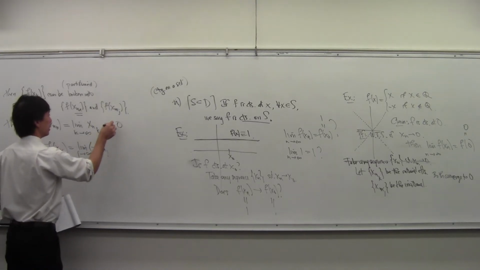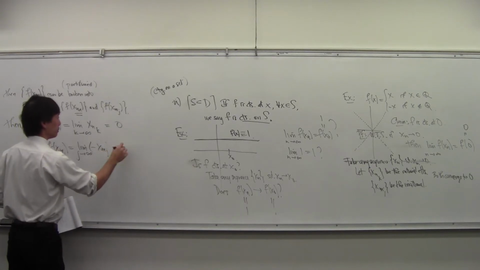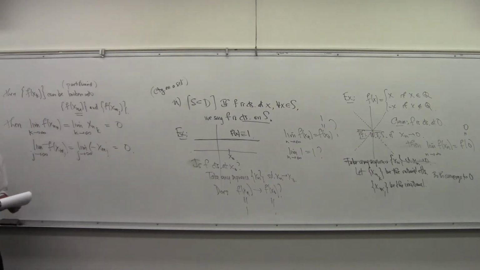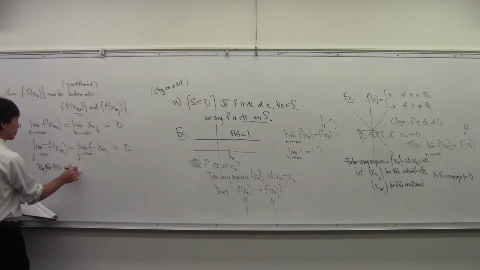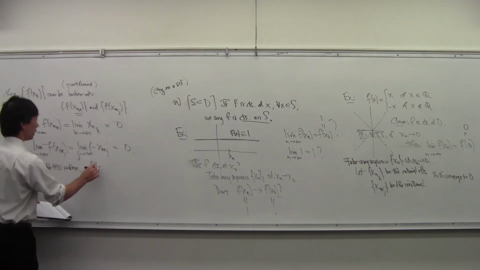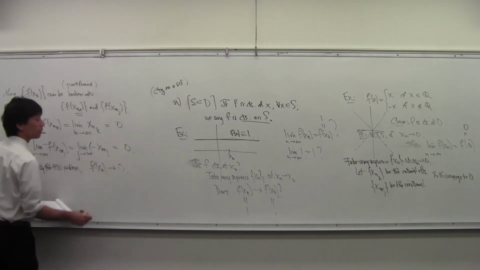But that's 0, and that's 0 also. By the homework problem, we see that f(x_n) also goes to 0.